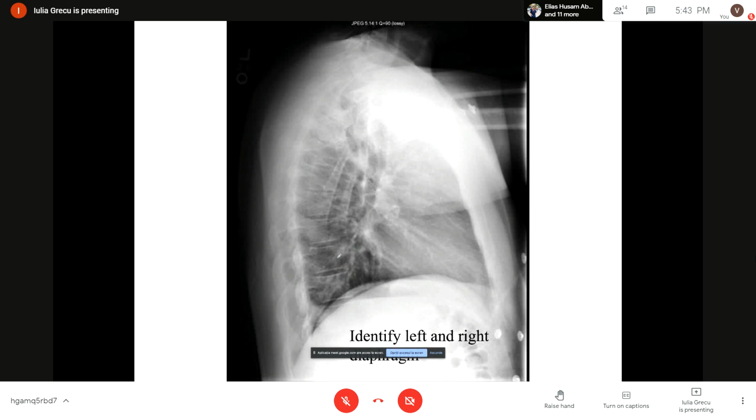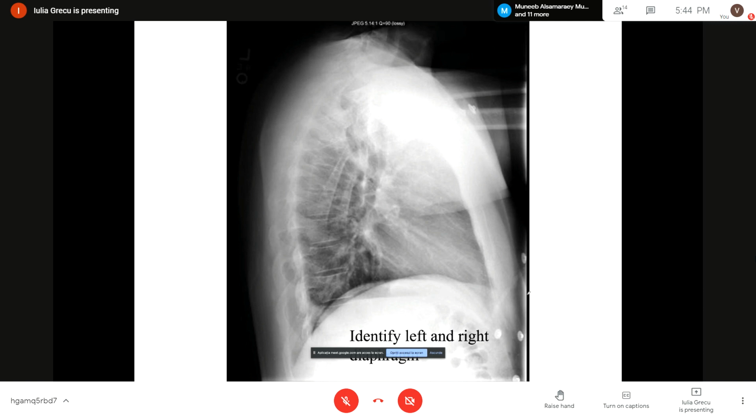When we go to the lateral view, things are a little bit more complicated, because sometimes you will need to establish on the lateral view which is the right and which is the left diaphragm.